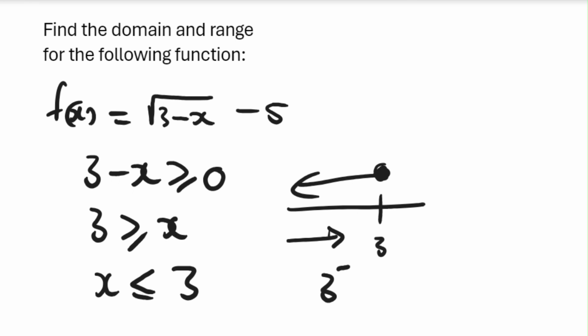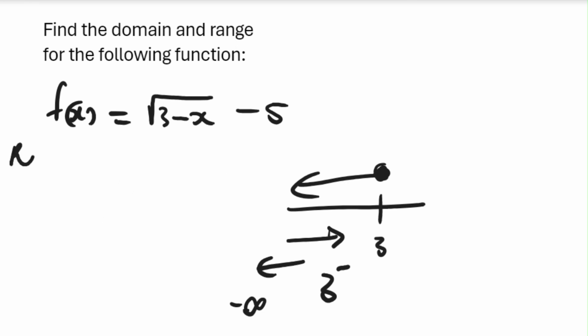And then we want to check the behavior of the function as x goes to negative infinity. For negative infinity, we just check it from the right. For the range, find the limit of f of x as x goes to negative infinity.